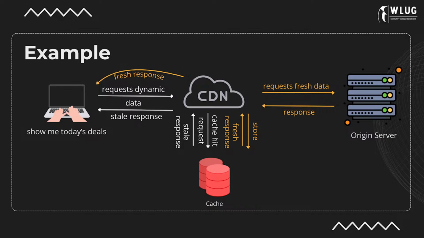But since we were still in the window of stale-while-revalidate, we sent that stale response back to the user. Simultaneously, the CDN requested the origin server for fresh content. This fresh content, once received by the CDN, was stored in the cache, and then the fresh content was updated on the user interface.